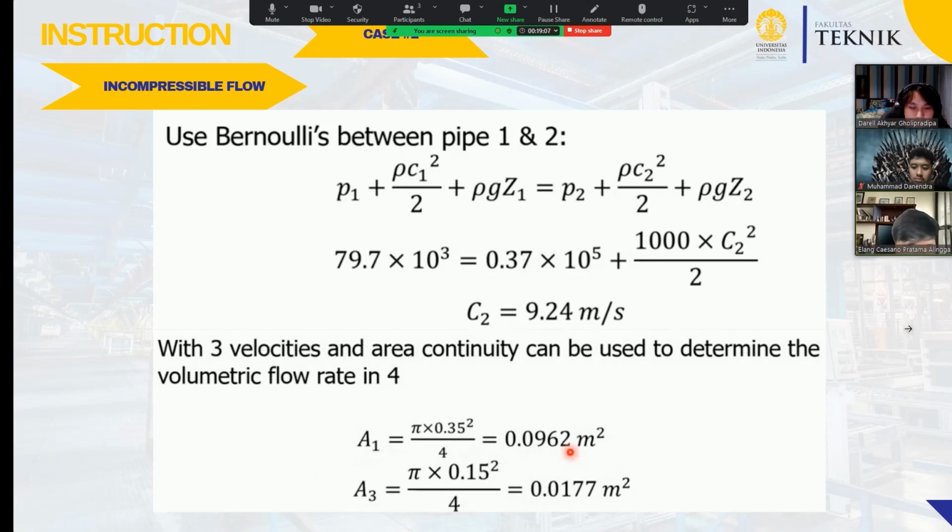Next, we calculate the surface area for area 3, which is pi times 0.15 squared divided by 4, which is 0.0177 square meter, and A1 is pi times 0.35 squared divided by 4, which is 0.0962 square meter. We are going to use this for defining the volumetric flow rate at 4.